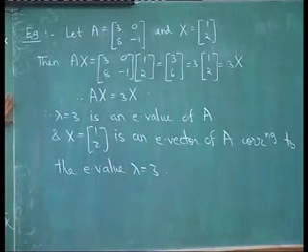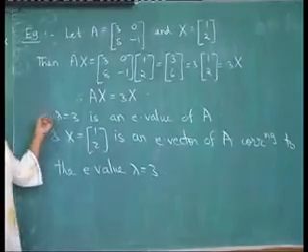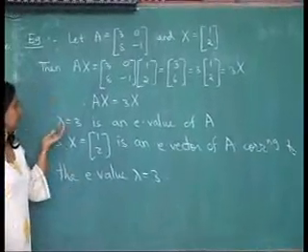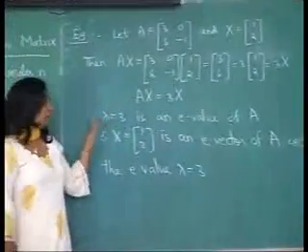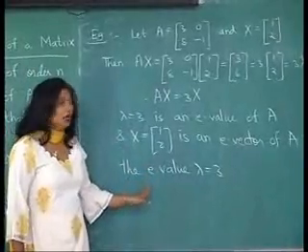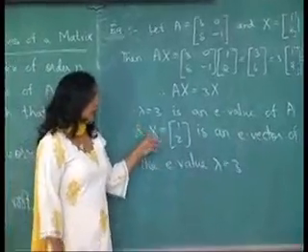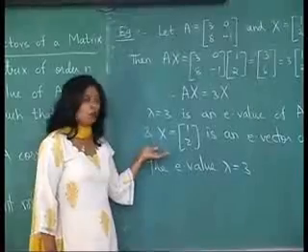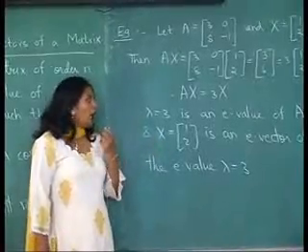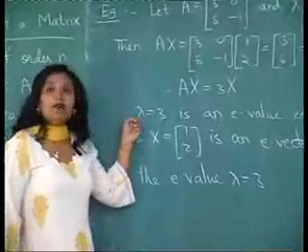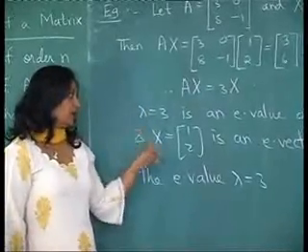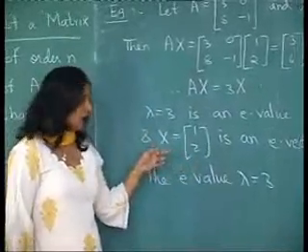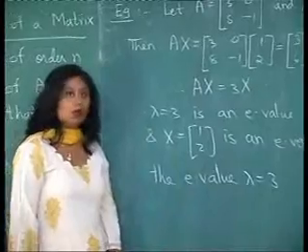So this example explains the concept of eigenvalue and eigenvector further. Let me remind you that the eigenvector is never allowed to be equal to 0. However, the eigenvalue could be 0, but the eigenvector by definition is never allowed to be equal to 0.